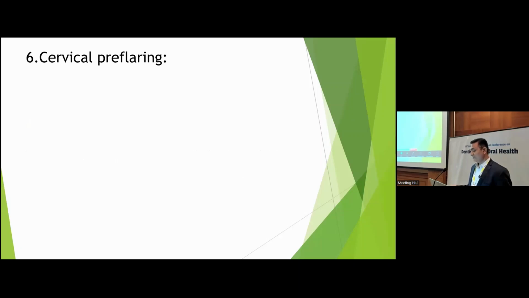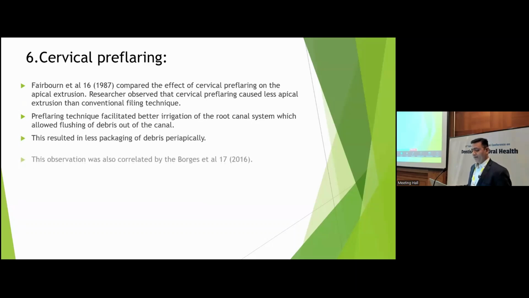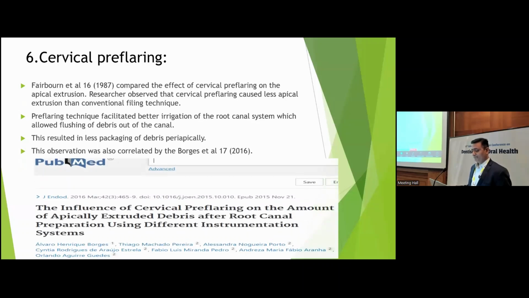Cervical pre-flaring during root canal treatment also affects the extrusion. If you do the pre-flaring before the root canal preparation, then less debris is pushed out of the canal. That results in less packing of debris periapically. This is also observed by Borges et al.